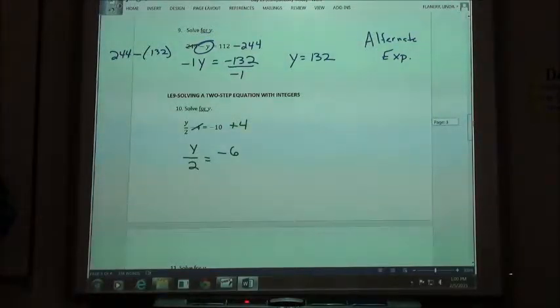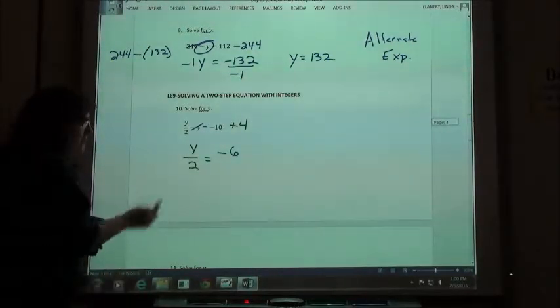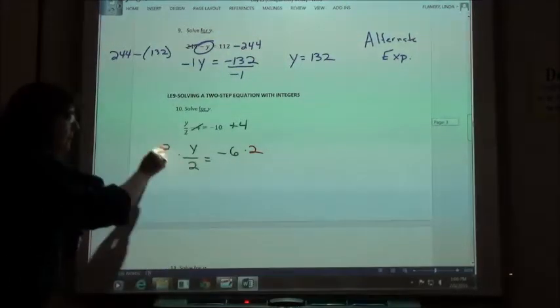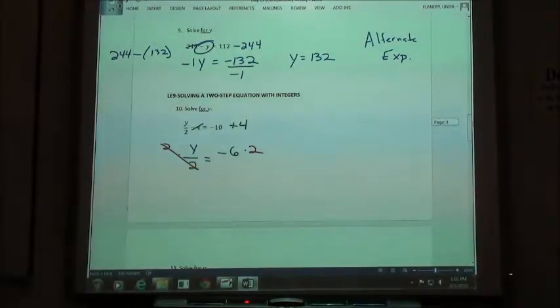There's that fraction one again. Reciprocal it? Sort of. I'm going to do the opposite of dividing, which is multiplying by 2, which would be the reciprocal, because this is 1/2, but we just times it by 2. When there's that fraction there, it means dividing, so we multiply.